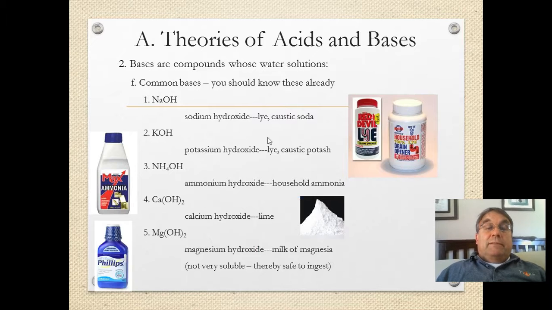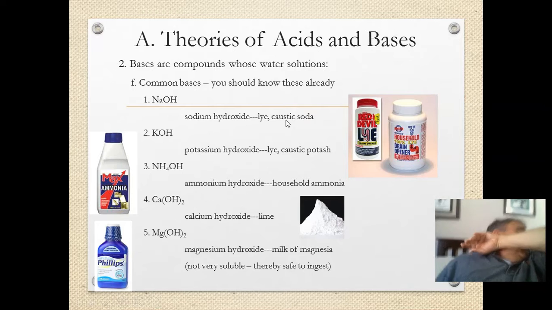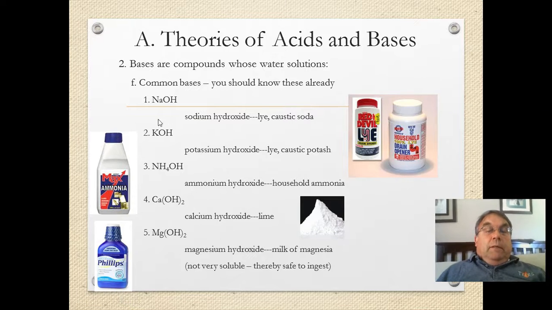Some common bases, you should also know these by name and formula: NaOH, sodium hydroxide, old school name is lye or caustic soda, KOH, potassium hydroxide, NH4OH, ammonium hydroxide, household ammonia.